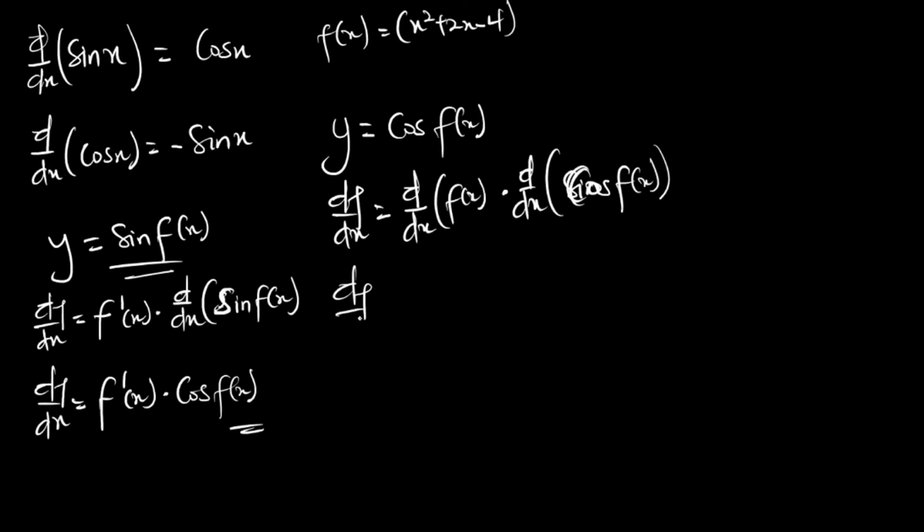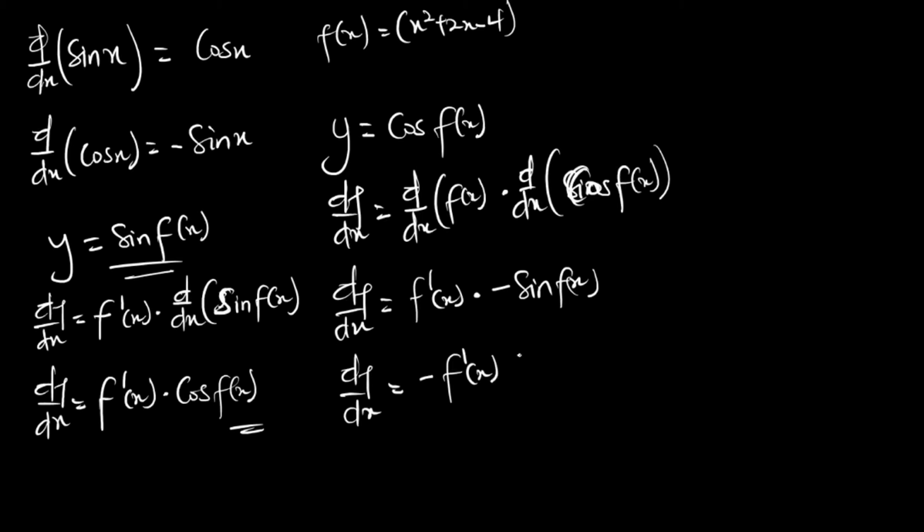So it means my dy/dx is equal to, if I differentiate f of x, I get f prime of x, multiplied by, if I differentiate cos, I get negative sine f of x. So finally it means my dy/dx is equal to negative f prime of x sine f of x. So this is just a brief intro to how we differentiate trigonometric functions.